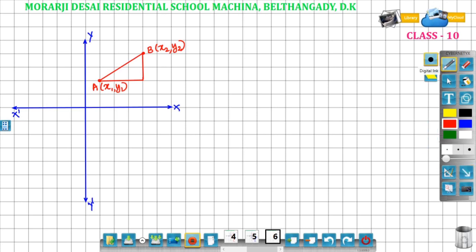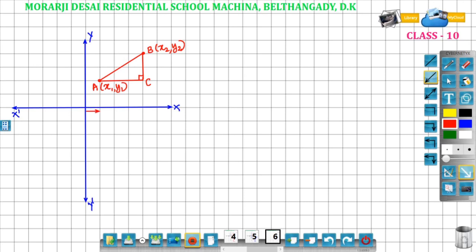Now, the right triangle is formed. Triangle ACB is a right triangle where angle ACB is 90 degrees. AB is the hypotenuse. For that we need the length AC and length BC.